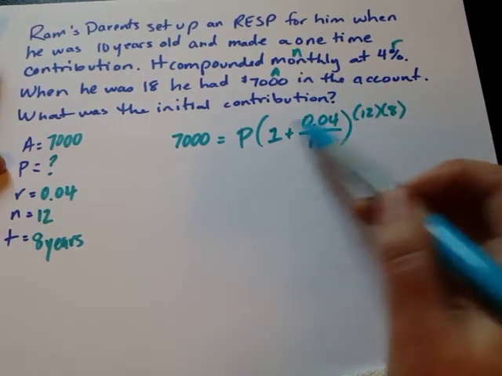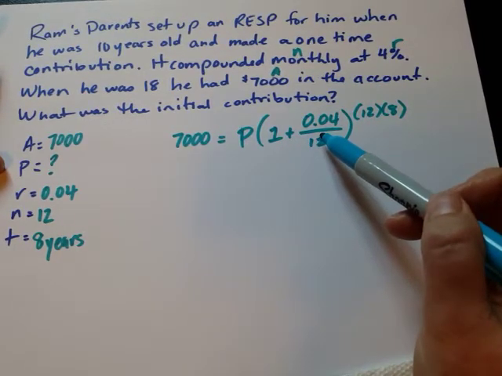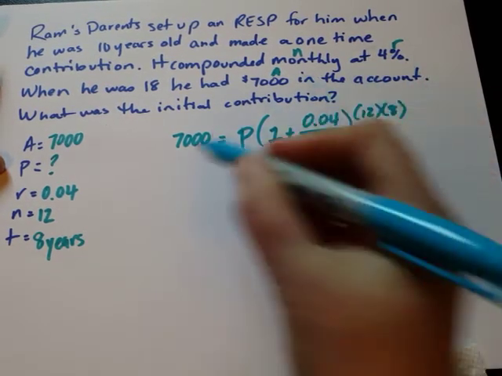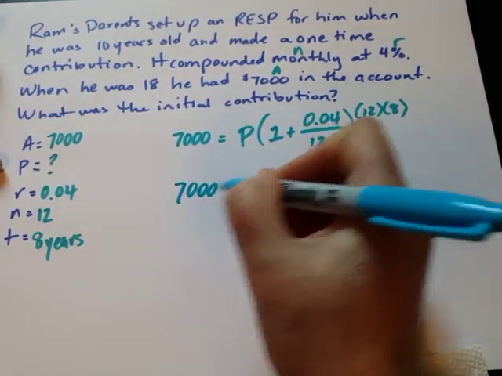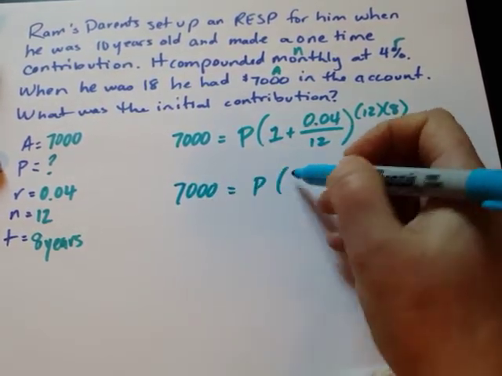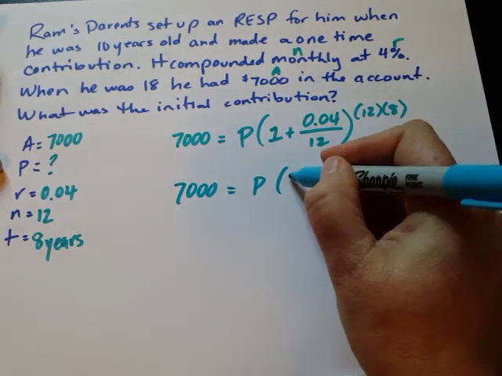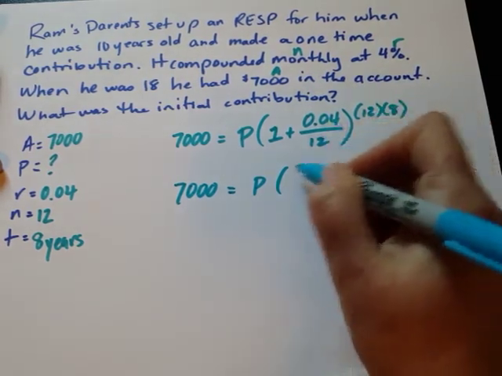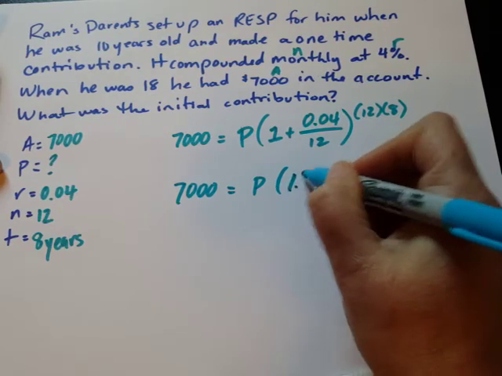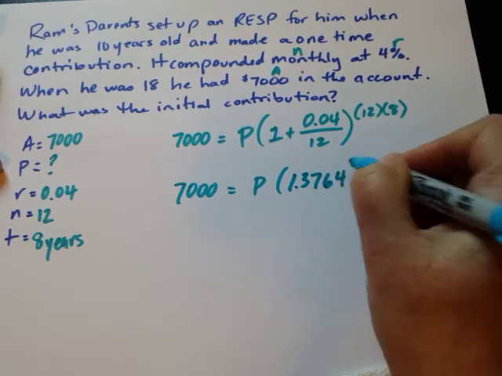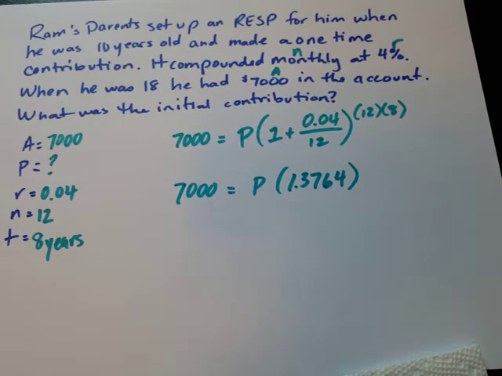So I, again, would recommend solve for this inner bracket, solve for that multiplication, and rewrite. And if we do the inner bracket times the exponent, we'll get this.